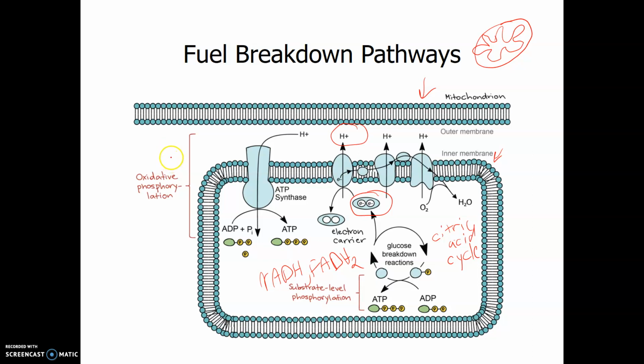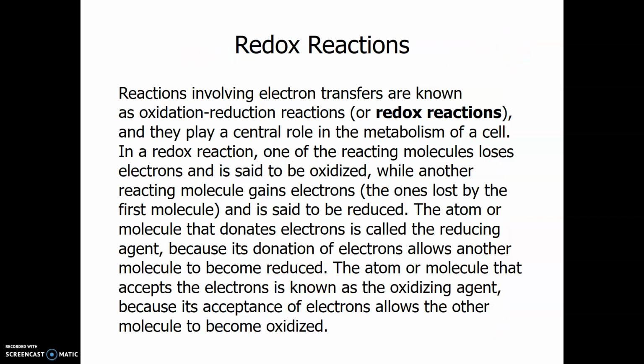And the process is called oxidative phosphorylation. Now, we will go over this process in much more detail, but this is just an overview to let you know that basically this is the reaction that we're going to learn about that provides us with ATP from glucose, from the food that we eat.